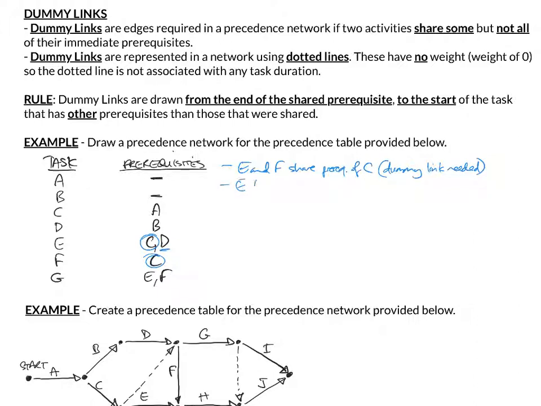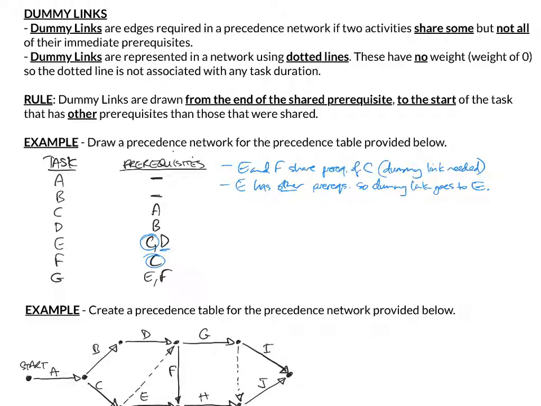E has other prerequisites, that being D. So according to the rule, the dummy link goes to E, it doesn't go to F.